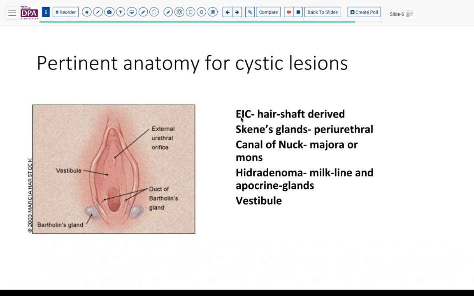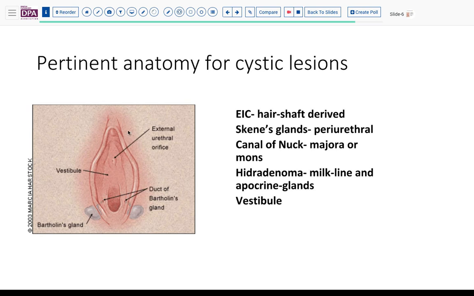So the epidermal inclusion cysts primarily are derived from the hair shaft. And so they're going to be on the labia majora and further out, maybe anterior, maybe a little bit posterior, but they're not going to be part of the vulvar squamous mucosal type surfaces, not part of the vagina.